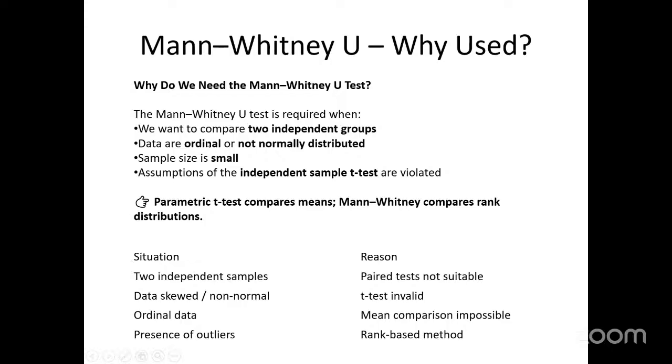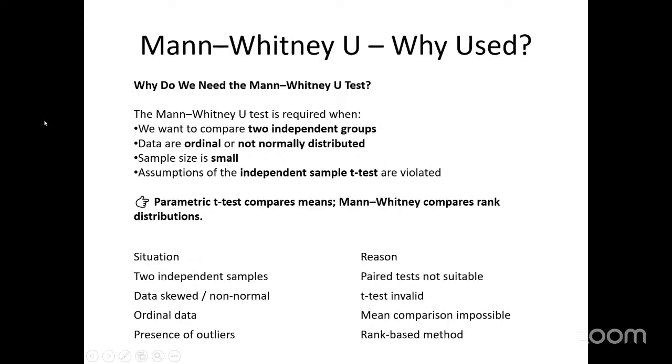The data are ordinal and/or not normally distributed, the sample size is small, or the assumptions of the independent sample t-test are violated. What are the assumptions of the t-test?